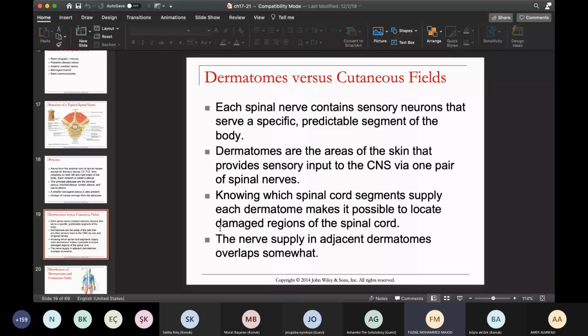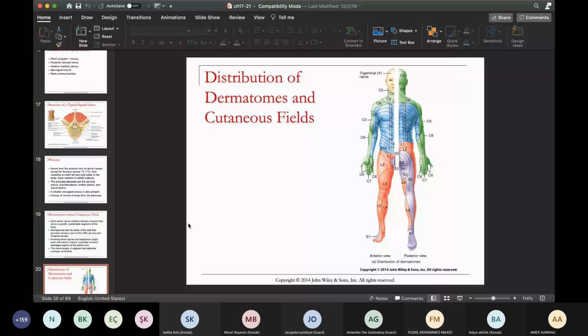So it kind of helps with anesthesia as well. Information about the innervation patterns of the spinal nerves can be used therapeutically. By cutting posterior roots or infusing local anesthesia, you can block pain signals temporarily or even permanently.